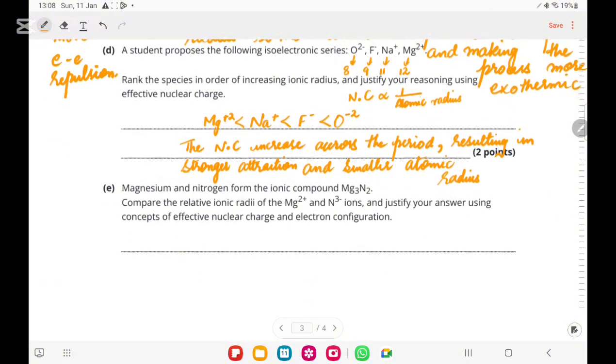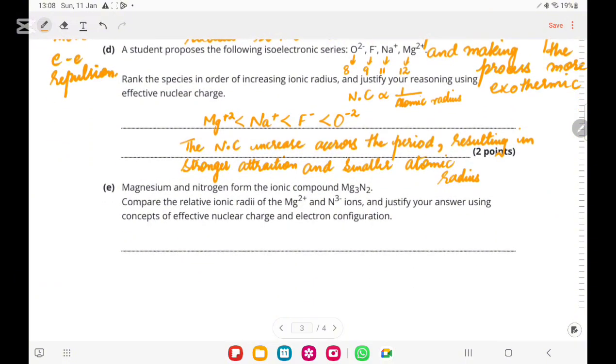Then for the next question, they say magnesium and nitrogen form the ionic compound Mg3N2, and they ask to compare the relative ionic radii of Mg plus 2 and N minus 3 ions. Magnesium has the atomic number of 12 and nitrogen has the atomic number of 7.